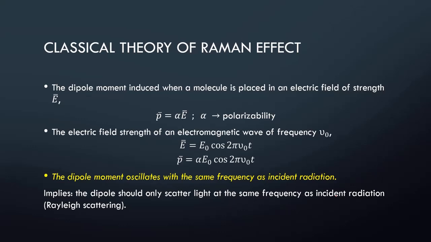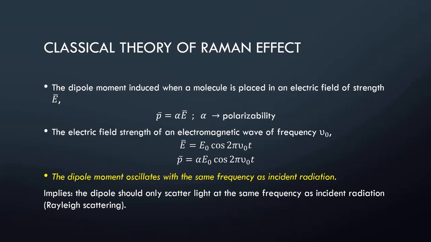When a molecule is placed in an electric field of strength E, a dipole moment is induced on it, and this induced dipole moment P is given by alpha times E, where alpha is the polarizability, the tendency of a particle to get polarized.